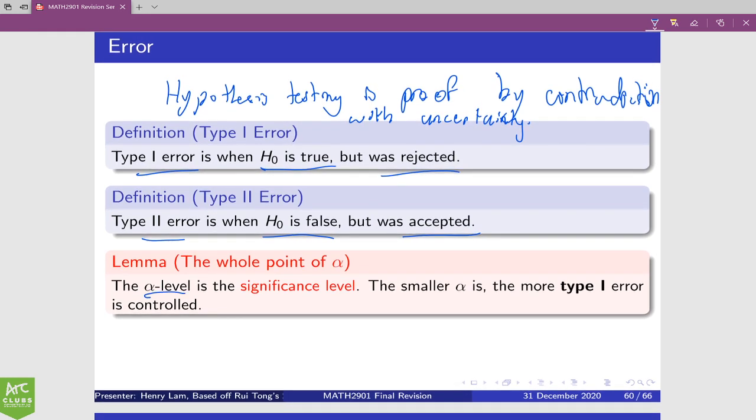Now, the alpha level, like alpha equals 0.05, is actually your type 1 error. So by shrinking the alpha, you control the type 1 error, essentially. The reason why is, if you recall the rejection region, it's all based on the fact that the null is true, right?